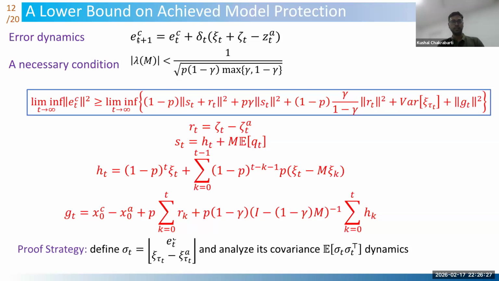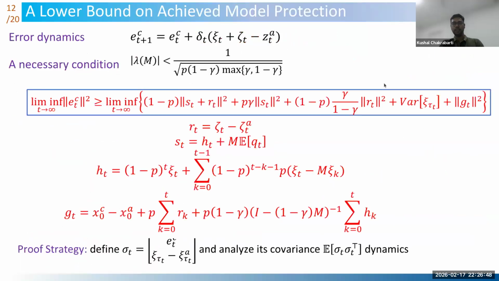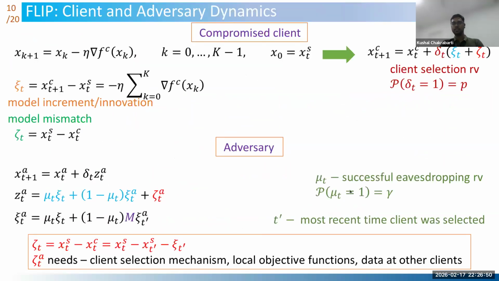We want this error dynamics to be stable, because if it is unstable, then you have infinite protection. So we make sure that the adversary dynamics is stable, for which we need this necessary condition on the eigenvalue of the matrix. It depends on two quantities basically. One is p. What is p? p is your client selection probability. And gamma is basically the success probability of eavesdropping by the adversary.